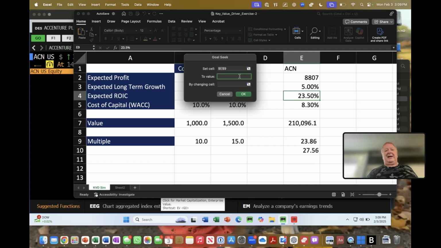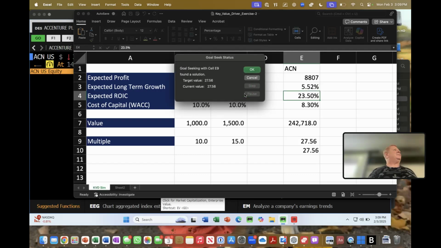I want that formula to have a specific value, 27.56. And I want Excel to solve for that specific value by iterating cell E3, the growth rate. So when I say enter, Excel is going to keep plugging in G's until those two numbers are exact. That's called goal seek. Faster. Okay, you'll be using this a lot this semester.